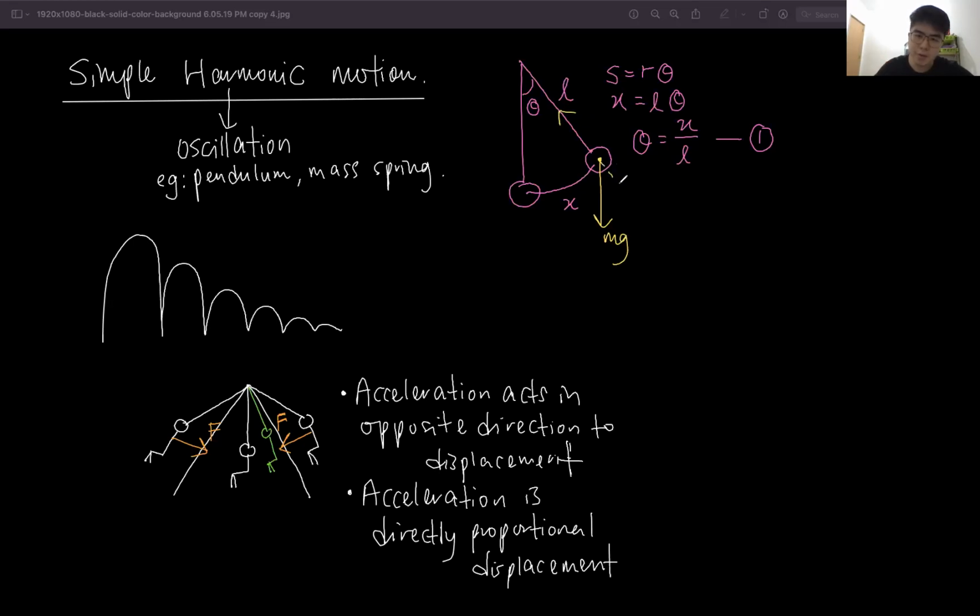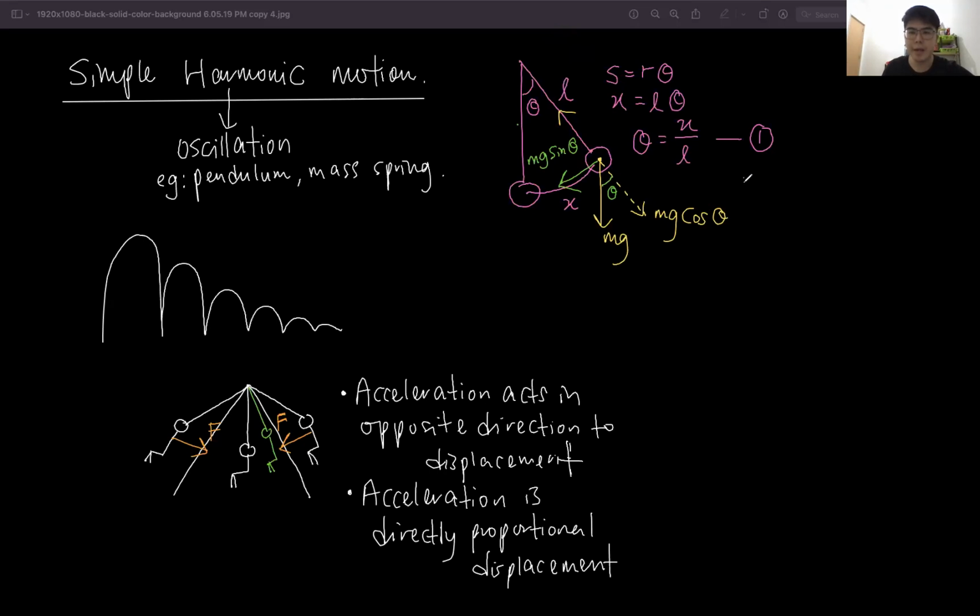Here, if I resolve it in this direction, this would be mg cos theta. You have this vertical line parallel with this one, so the angle here is the same as that one, mg cos theta. And if I resolve it in this direction, this one is mg sin theta.